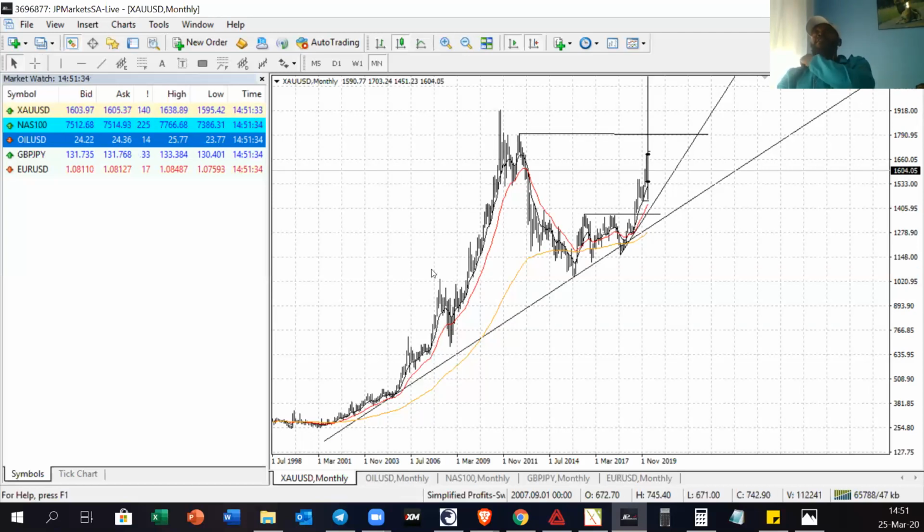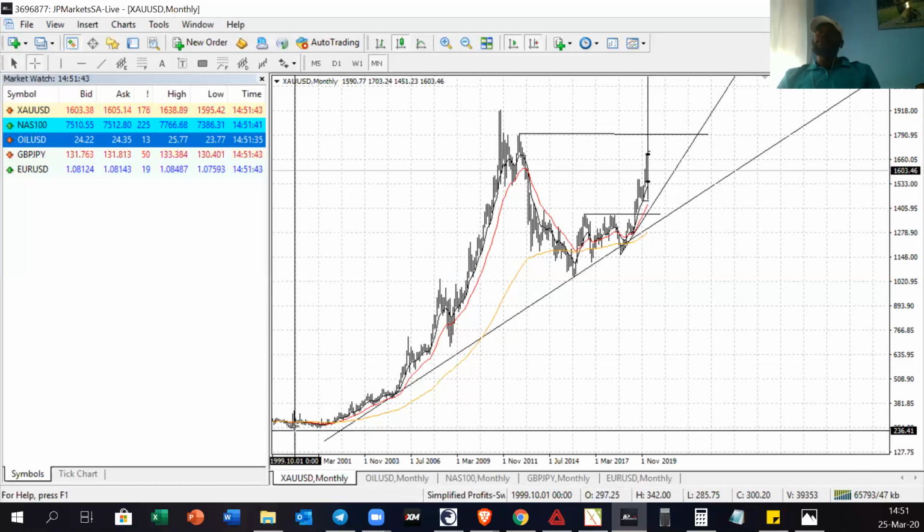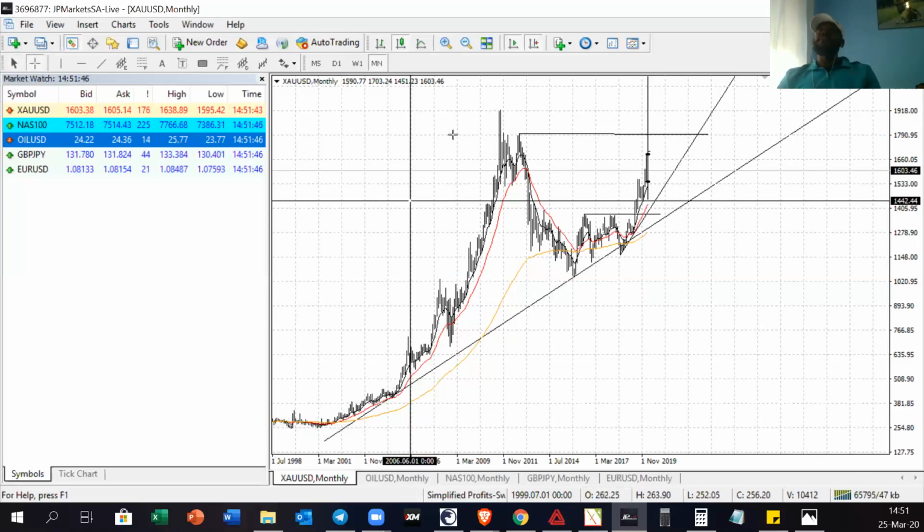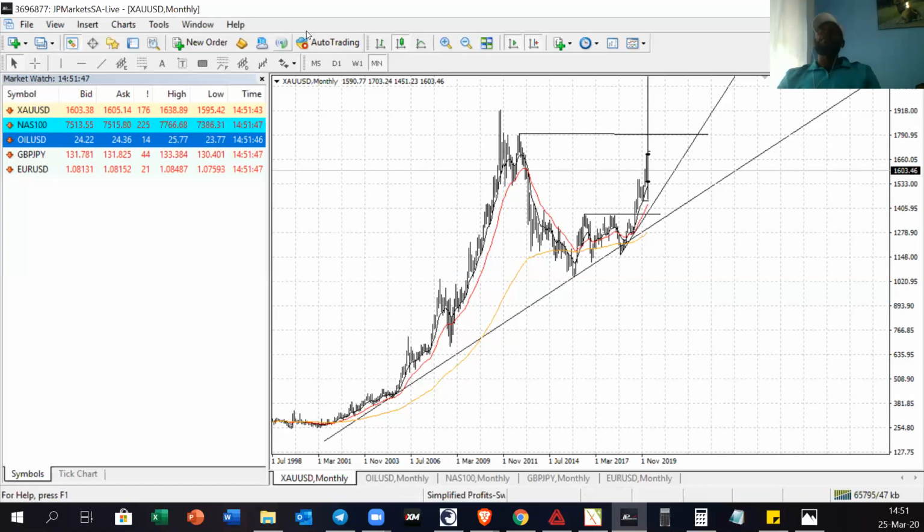This is the gold chart, and gold has pretty much been in an uptrend since 1998. In 1998, gold was trading at $250 an ounce, and I'm just going to round things off here.